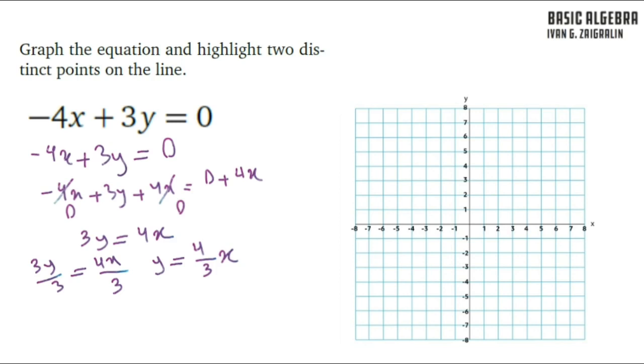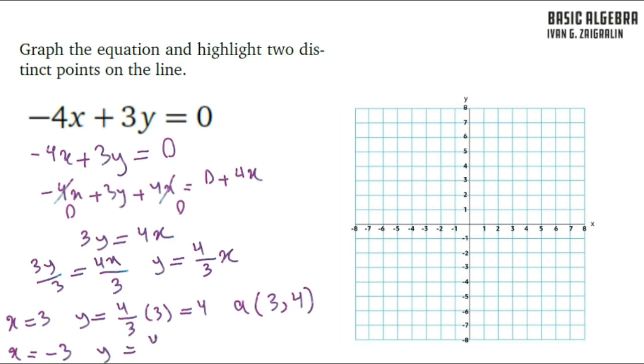And for graphing this equation, when x equals 3, y equals 4 over 3 times 3 which equals 4, and the point A is 3 and 4. And for point B, x equals negative 3 and y equals 4 over 3 times negative 3 which equals negative 4, and the point B is negative 3 and negative 4.